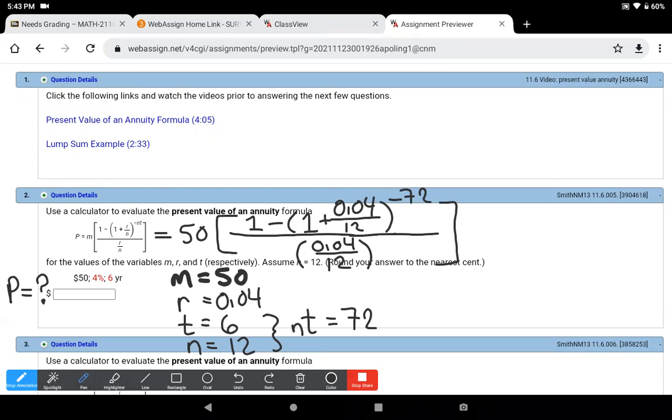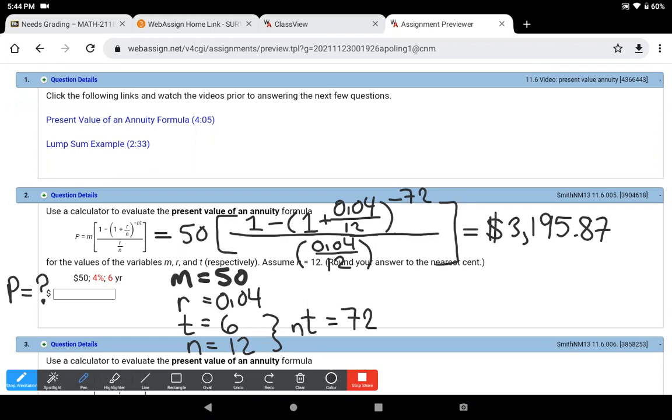So sticking this into the calculator, we have 50 times parenthesis for the quotient, parenthesis for the numerator, 1 minus parenthesis for that quantity, 1 plus 0.04 divided by 12, end parenthesis, raised to the negative 72, end parenthesis for the numerator, divide by parenthesis 0.04 divided by 12, end parenthesis, and we get a value of $3,195.87.